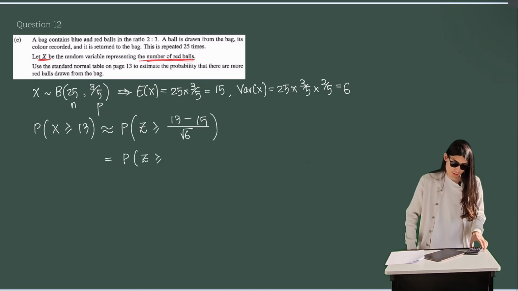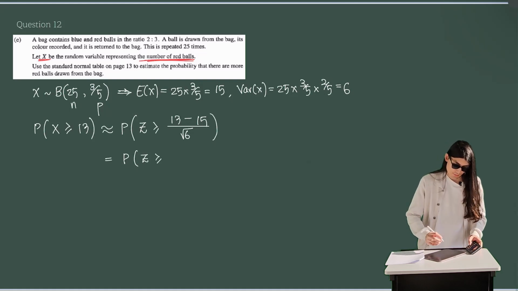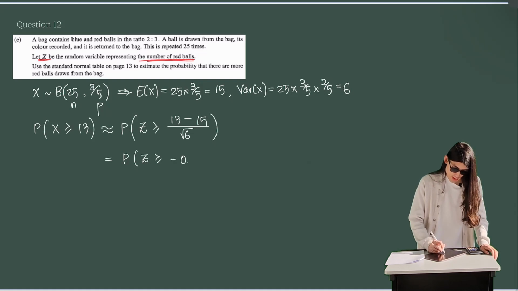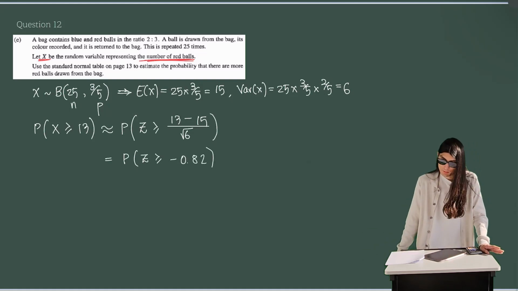in the calculator gives approximately negative 0.82, correct to 2 decimal places.